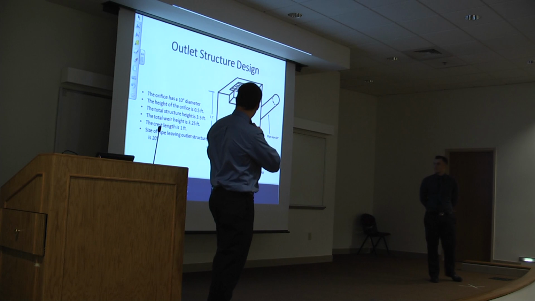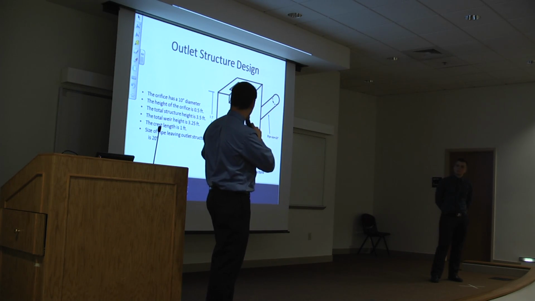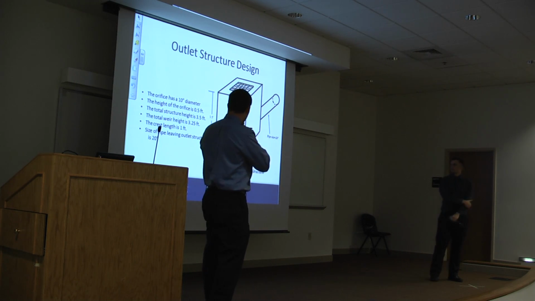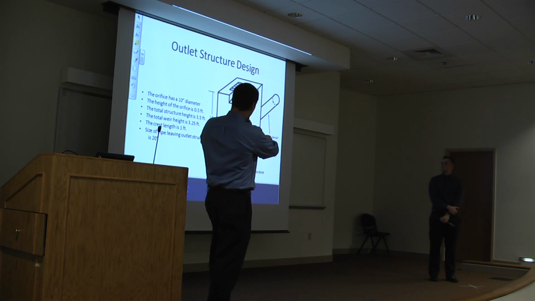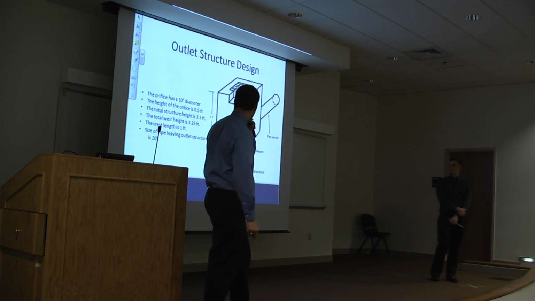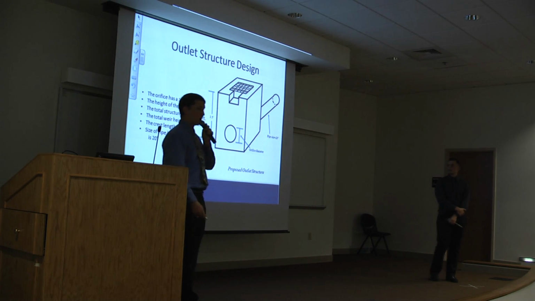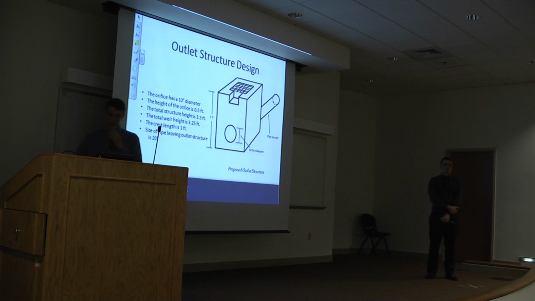The total height is 3.5 foot, and the height of the weir is only 3.25 foot. So you can see this is the weir that we're talking about, about 3 inches below the total top height of the elevation. The crest length is a foot, and the pipe leaving our outlet structure connecting to the culvert is about 20 inches.